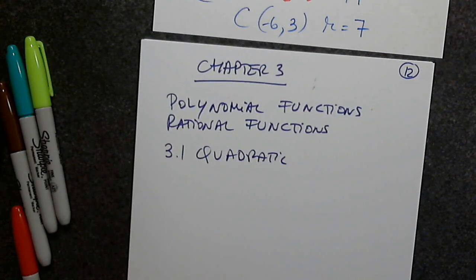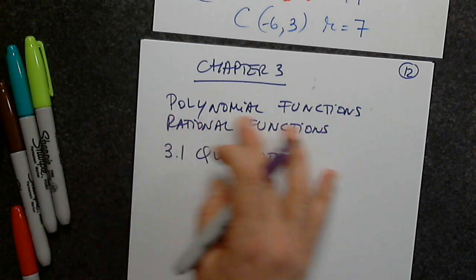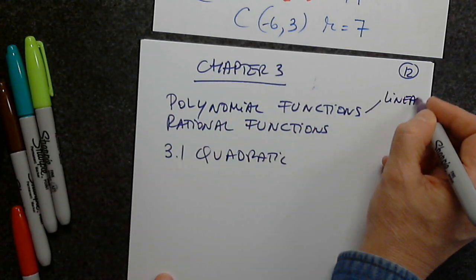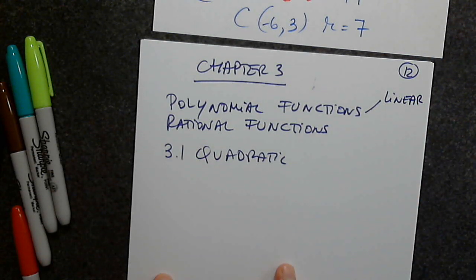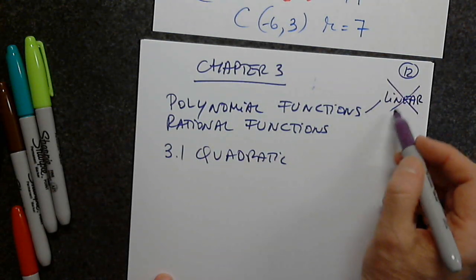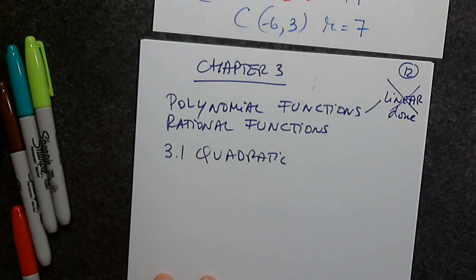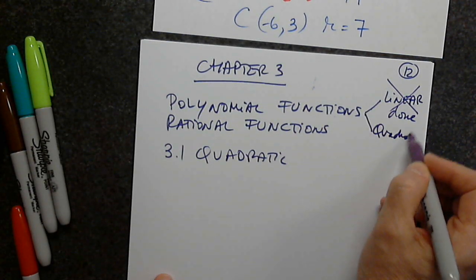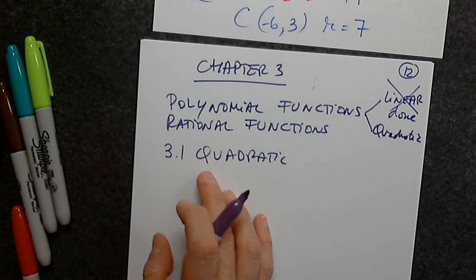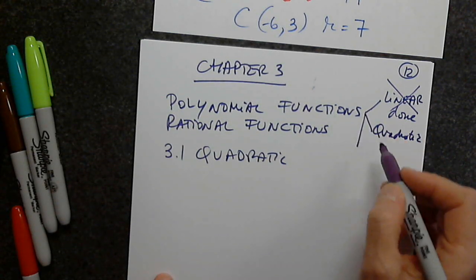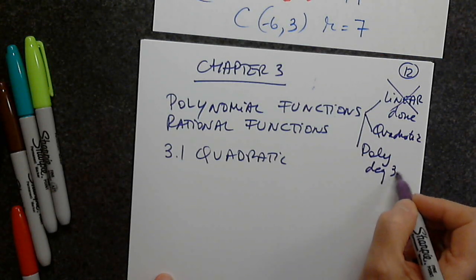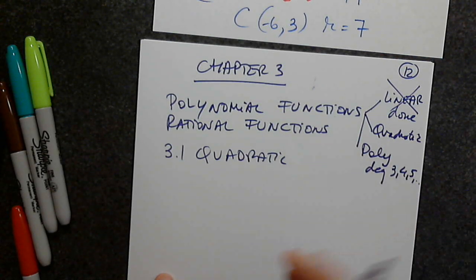So let's list what we're going to look at when it comes to polynomial functions. Linear is the easiest and simplest possible polynomial function. This is done a long time ago. We're not going to talk about it. Quadratic. This is what we are going to look at in 3.1. And then polynomials of degree 3, 4, 5, and so on and so forth.